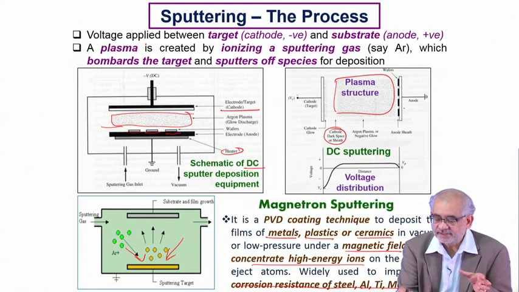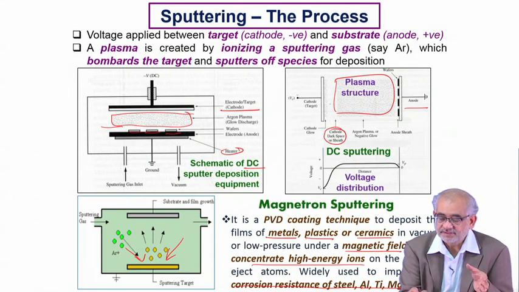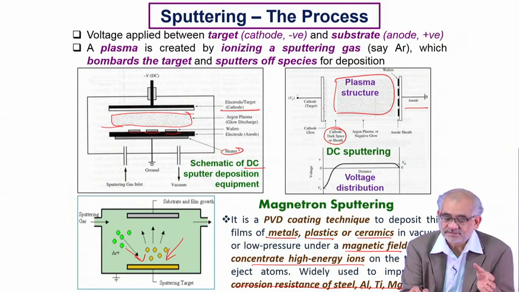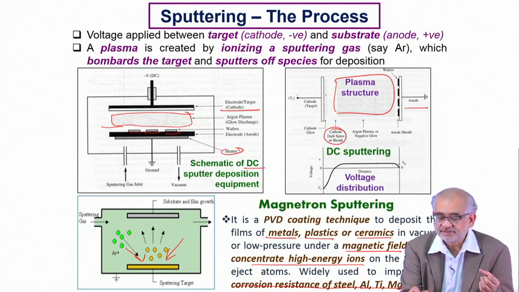If this is the anode or the positive side on which you have placed your substrates to be coated, let's say silicon wafers, and this is the target from which you are extracting ions, making the argon ions hit the surface and dislodge atoms from this, maybe aluminum, maybe carbon or any other material, there will be a little region in between which will have very low density, and that's typically called the cathode dark space or sheath.